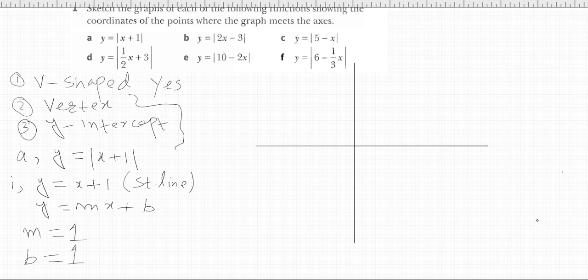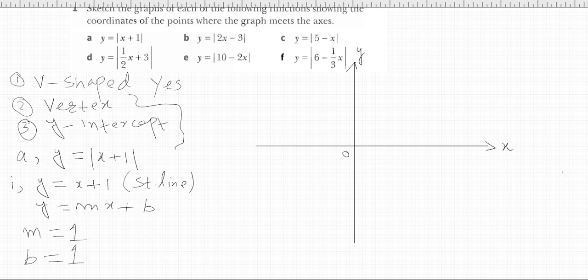Assign the names x-axis and y-axis, and the point where the two axes cut each other is called the origin. Origin means where the values of x and y are both 0.